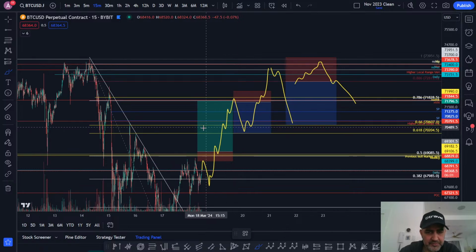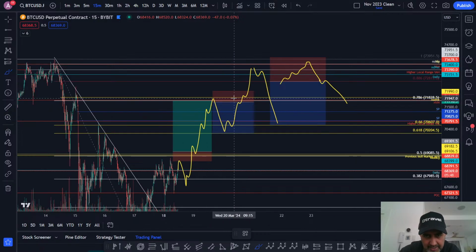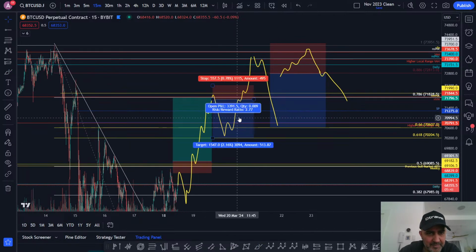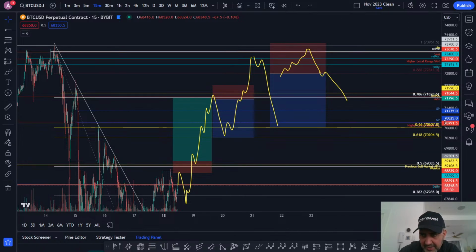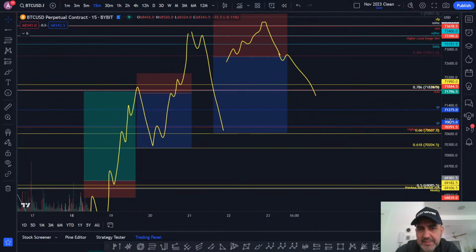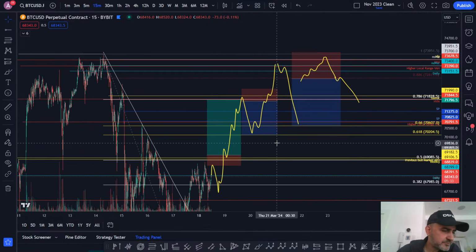I don't see much confluence with the golden pocket, which is this 618 to 66 area, so I don't necessarily think it's going to hold as resistance. Whereas higher up, I see quite a lot of confluence there and up there. But I think probably the best short is going to be this one here, because you have quite a lot of things going on at the same place.